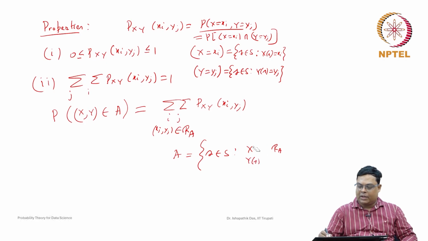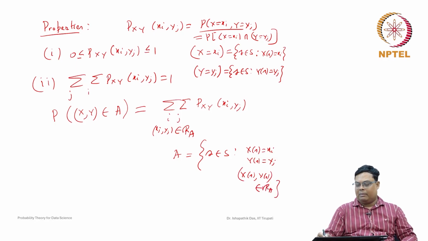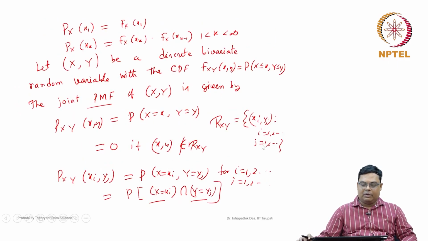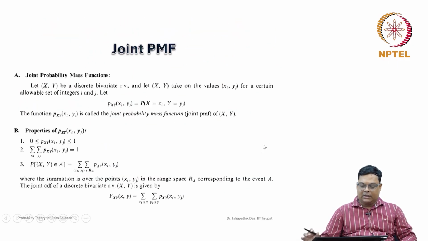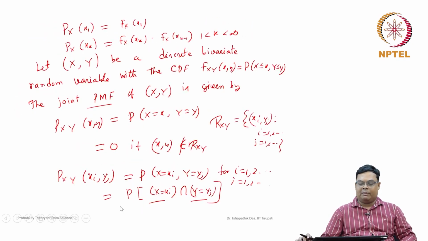In a different way we can write this: x of s is equal to x i, y of s is equal to y j, and then the pair x of s comma y of s should belong to the range of A. So, range of A is a subset of this range space. Now I hope you have understood that, and then we will discuss how we can find the cumulative distribution function if you know the joint probability mass function.